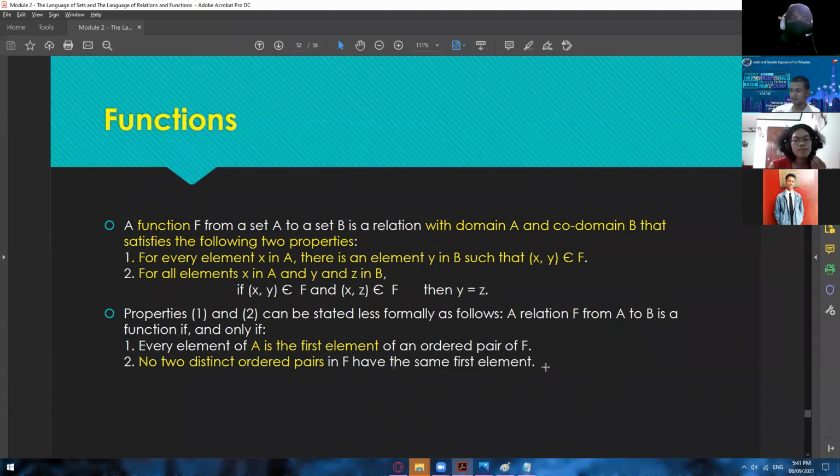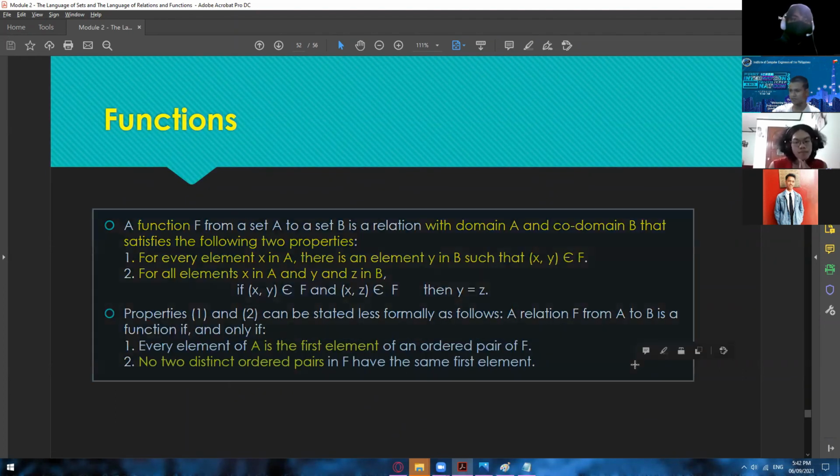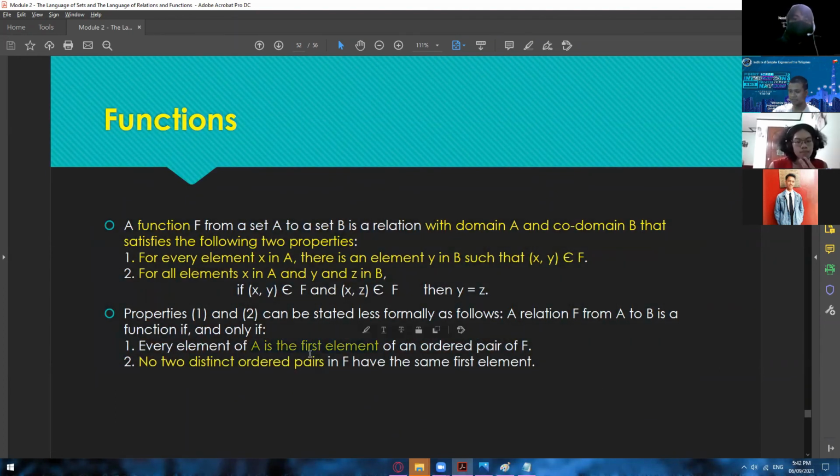I think this one is still quite confusing, but those are the things that you can memorize now. A is the first element, so that's the first rule. The second one is no two distinct ordered pairs.